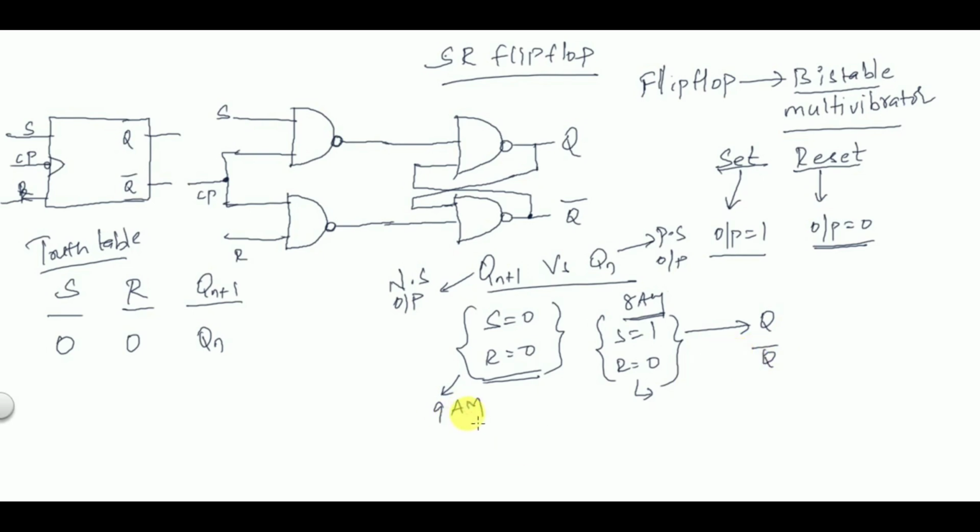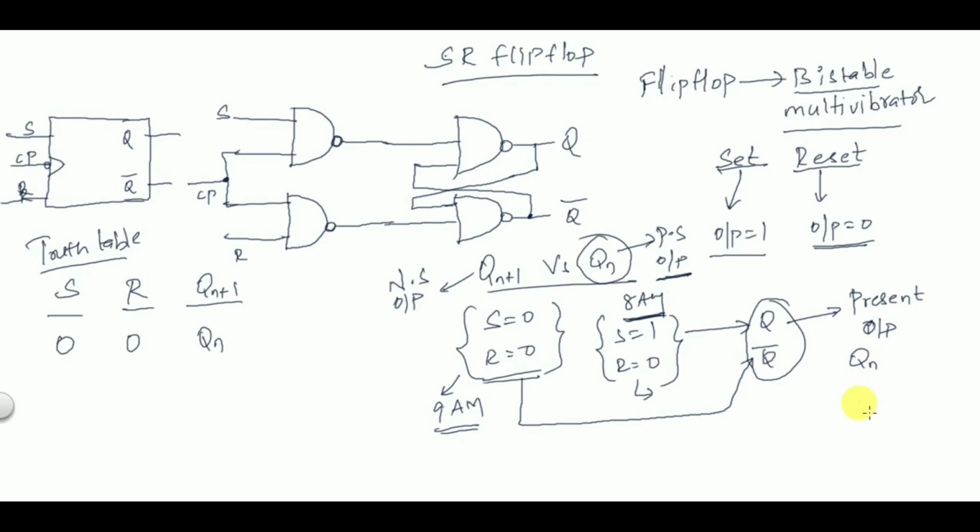So when you apply your inputs at 9 AM, these Q and Q bar, which are the outputs due to the previously applied inputs, now become your present outputs. We represent them with Qn and Qn bar.